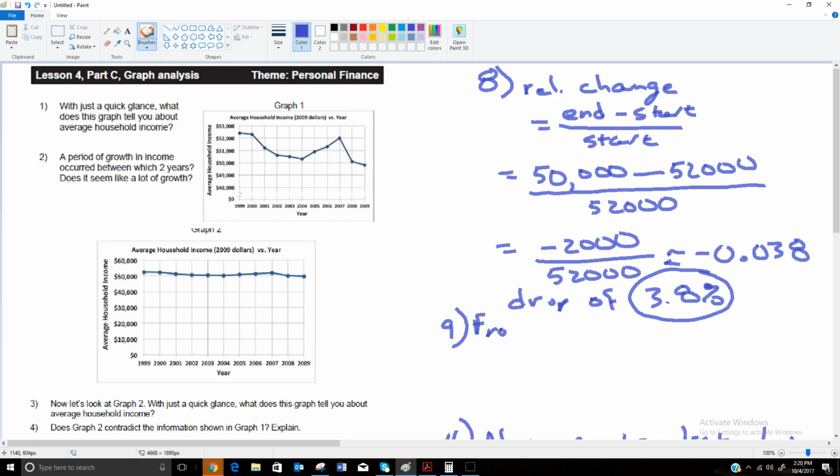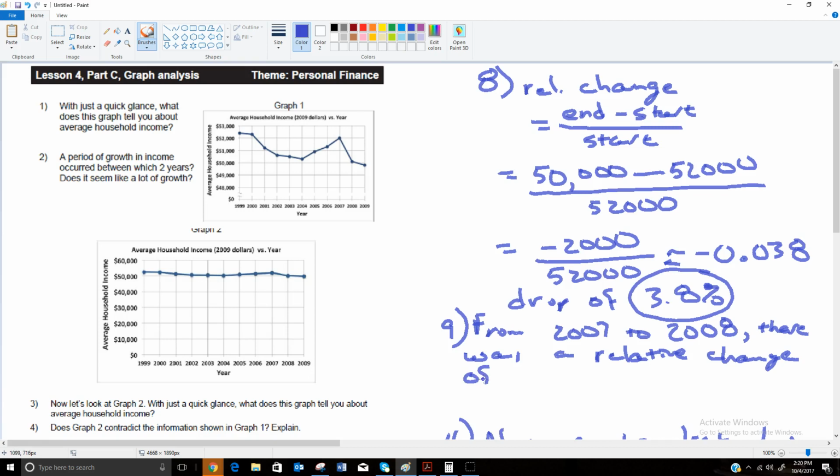So from 2007 to 2008, so whoever's reading the sentence knows what we're talking about, there was a relative change of negative 3.8% in average household income.